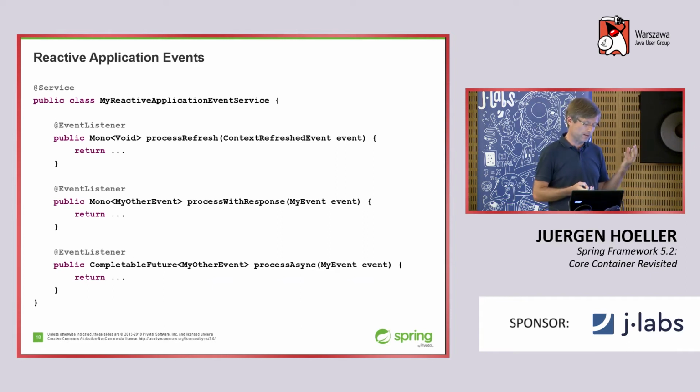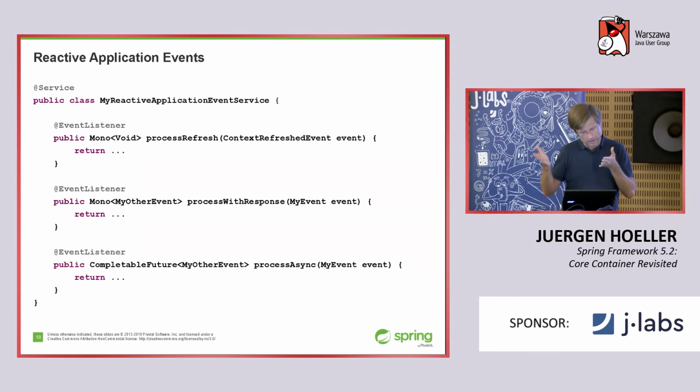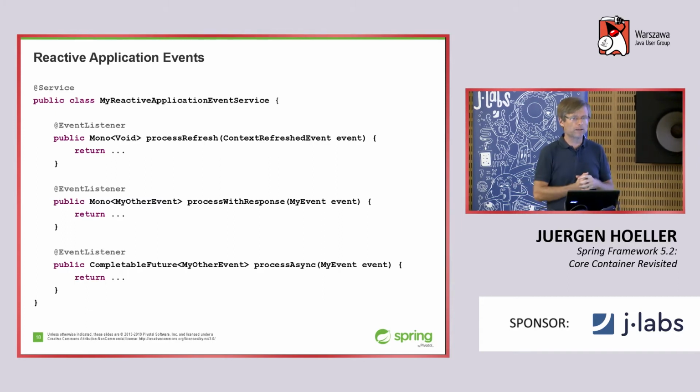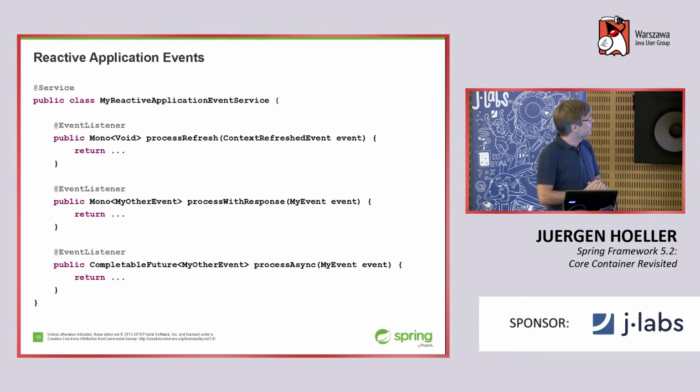Spring has had an application event facility for so many years. But it comes with some variations, multicast modes of operation. But the event listener implementation model is pretty traditional. So basically just a callback, you return void or you return some follow-up events to be sent.